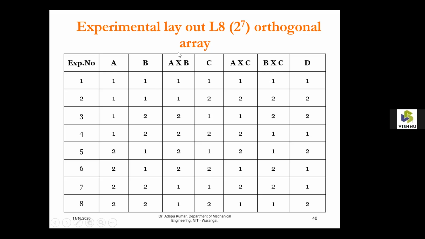So during the analysis process, you take A cross B, A cross C, A cross B cross C. From the analysis only, you come to know the amount of effect on the performance by A cross B or A cross C or B cross C or the individual factors. So this is the logic.